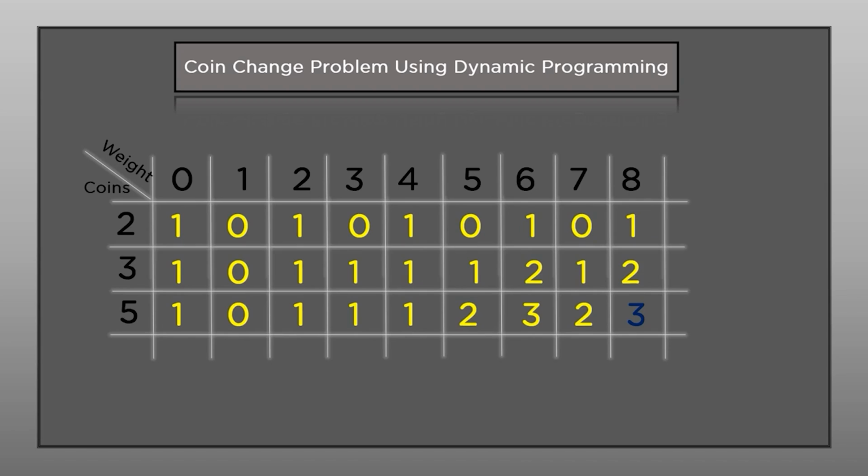So 3 plus 0 gives us 3. We will update the same. In the same manner, we will fill out all the entries for sums 7 and 8 of 5 coin denominations. So in the end, we got 3, which is our answer, indicating that we have 3 ways to make the sum of 8 using coin denominations 2, 3 and 5.